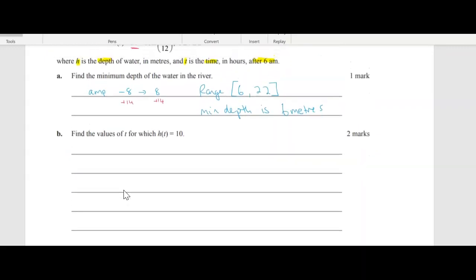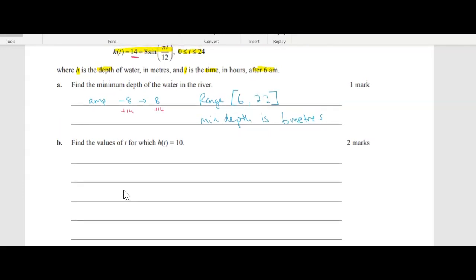All right, so let's substitute in 10 for H(T). So we've got 10 equals 14 plus 8 sine pi t on 12. And we're just going to solve for t. So I'm going to bring that over.